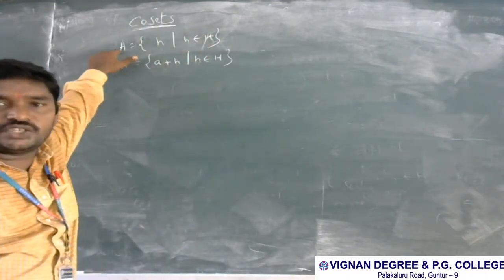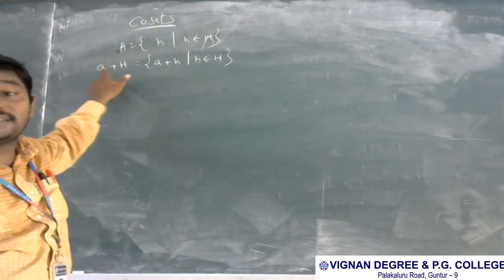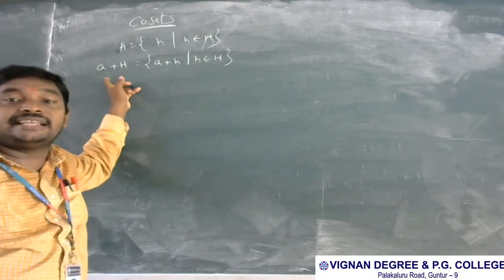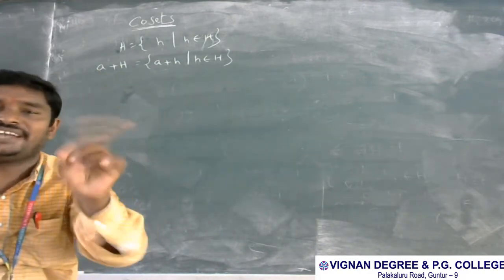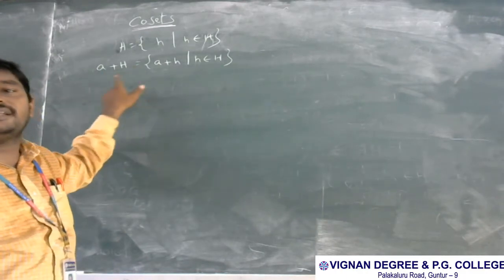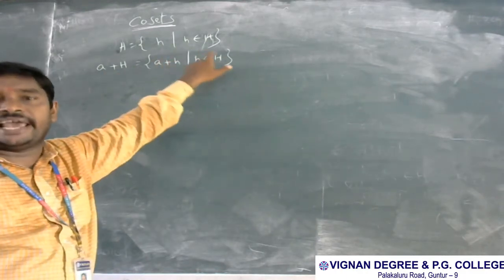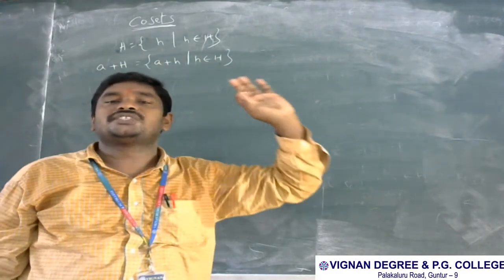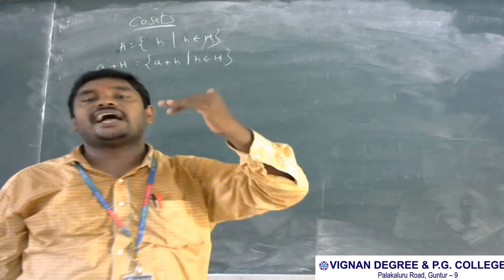Here H is only a set, but a plus h means adding an element, not a set. Adding only an element to the set is said to be a coset. Co means adding.